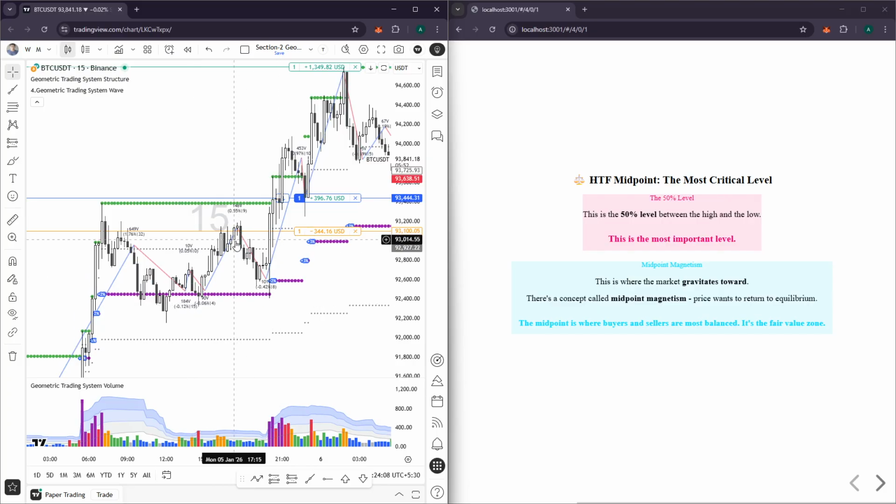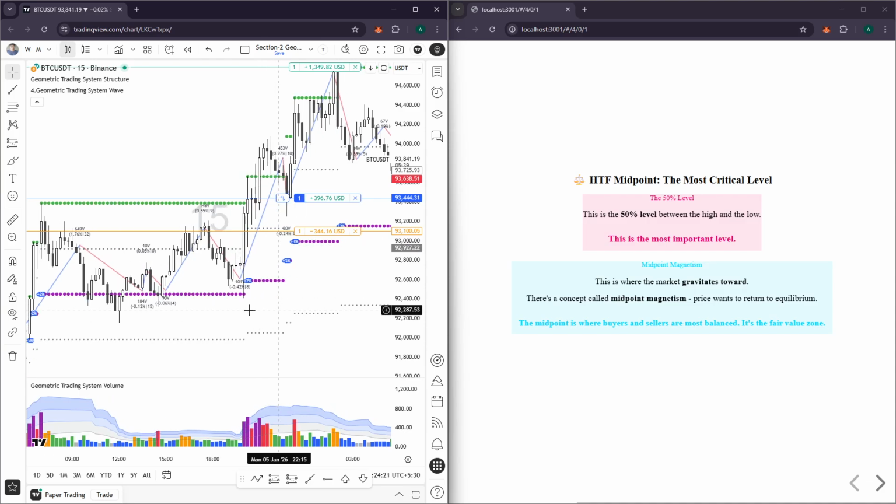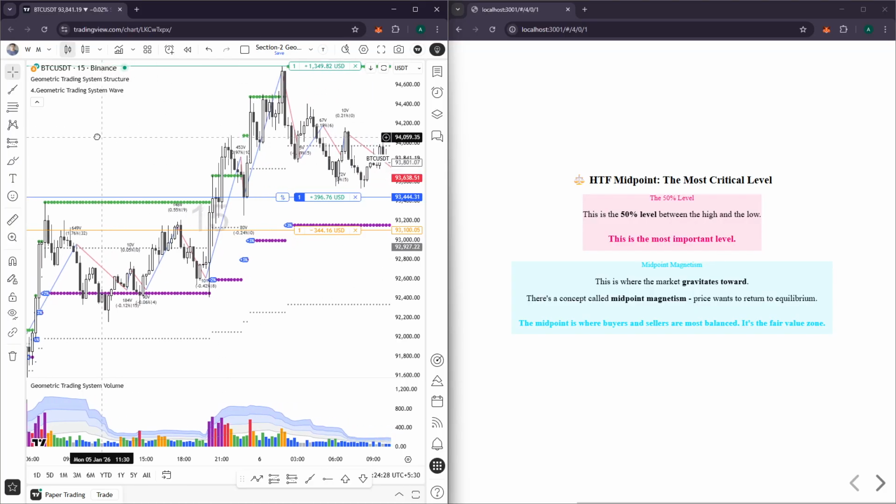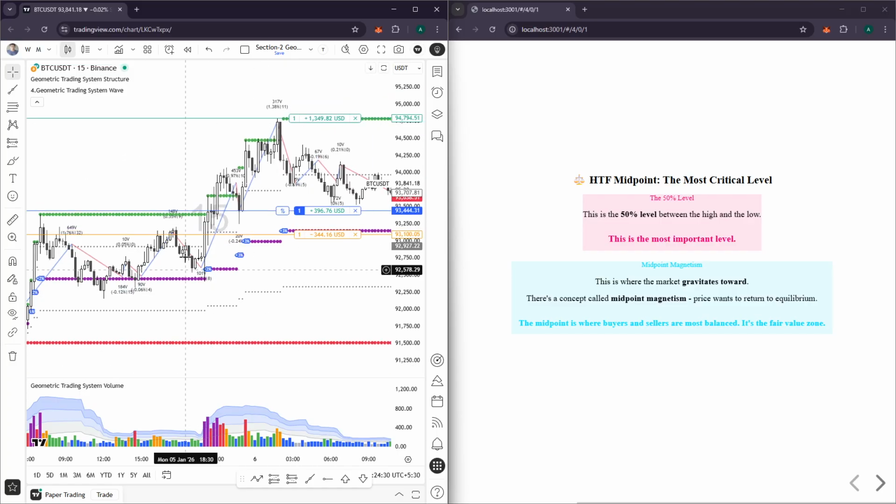Then again on this up wave we see 148 units of volume, which is greater than the previous up wave, and on this down wave we have 101. So the volume is more, but the market didn't come down much. We call it more effort, less result, on the downside. That's why the bullish nature of the market happened.